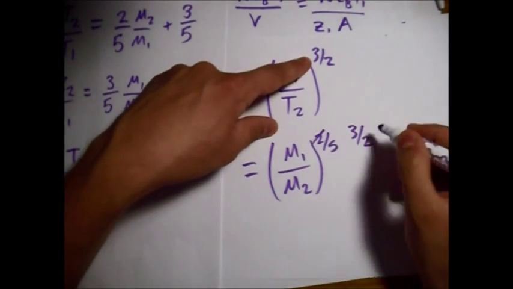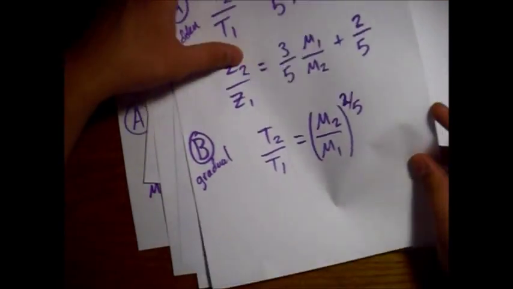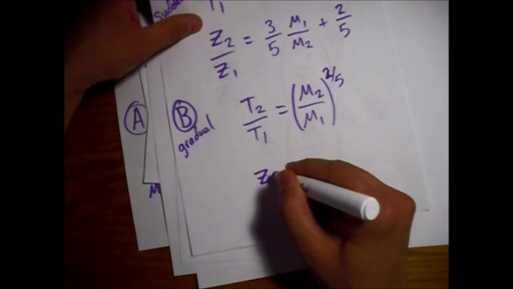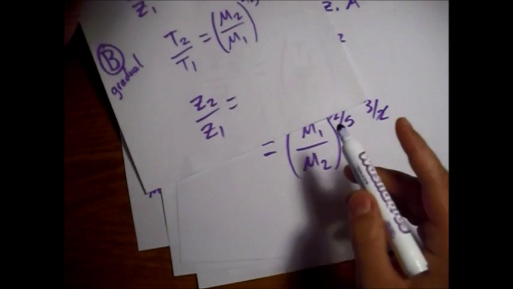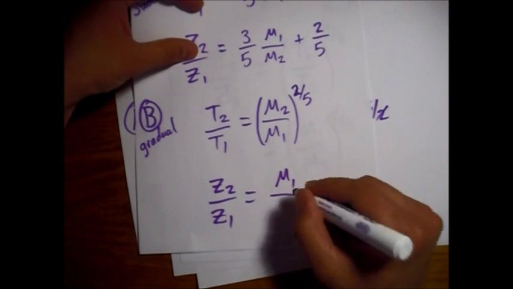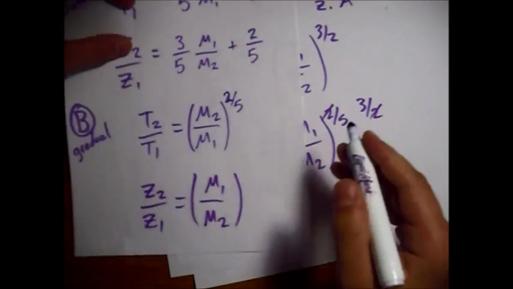So these 2's will divide out. We have a 3/5. So Z2 over Z1 equals M1 over M2 to the 3/5.